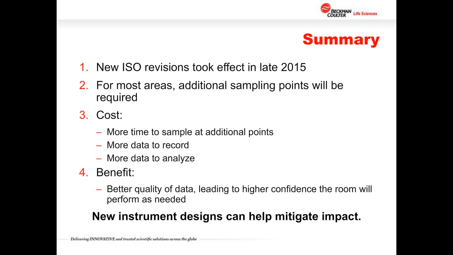It's not an enormous increase, but it still is something to be aware of. But you will get better data. You'll have higher confidence the room will perform as you needed. And there are instruments out there that can help mitigate that impact, that can help shorten the analysis of the data. Or if you go from a 1 cubic foot per minute machine to a 50 or 100 liter per minute machine, it'll actually help save time in the classification process.